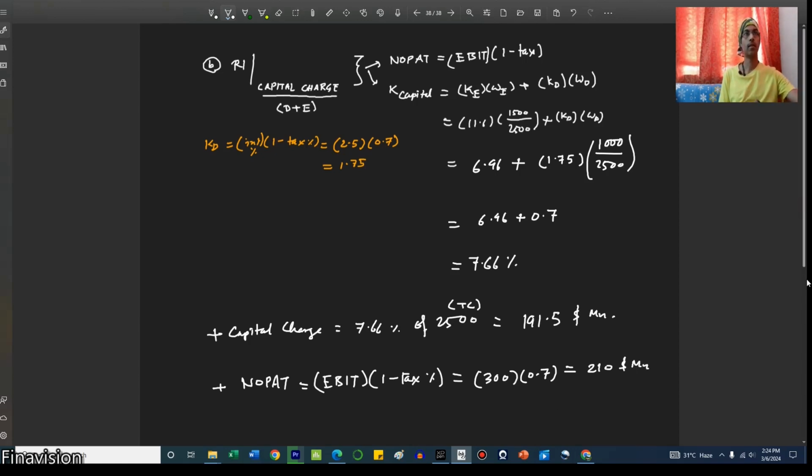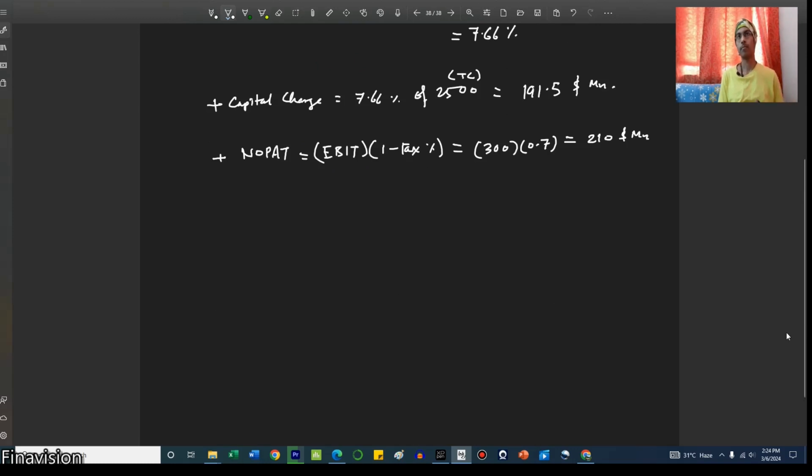Therefore, the residual income with respect to cost of capital is equal to 210 minus 191.5, which is equal to 18.5 million.